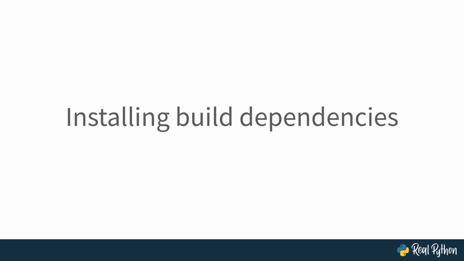In the Real Python article that comes with this course, you will find how to install build dependencies for the most common operating systems. You'll find a link to this article in the description. So now you can pause this video, move to the article to install the build dependencies, and then come back here to install pyenv.